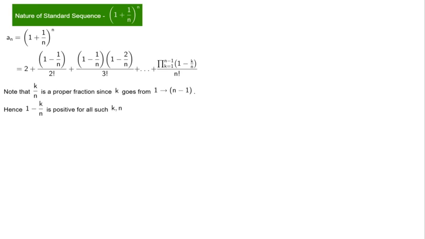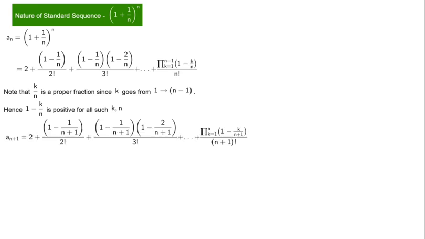Now, let's look at a_{n+1}. So basically, we substitute all the n's here with n+1. We have 2 plus (1 - 1/(n+1))/2! plus (1 - 1/(n+1))(1 - 2/(n+1))/3! and so on.